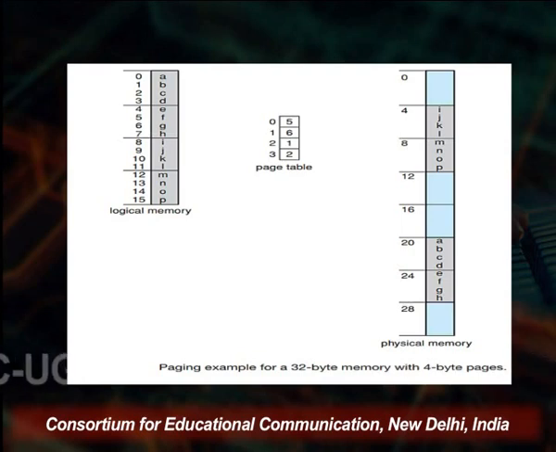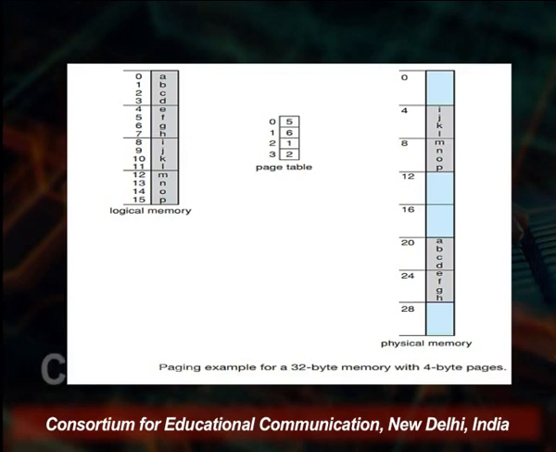So, 0, 1, 2, 3 have been shown blank, and from 4, whatever the contents of page chunk 0 are, those are stored starting from 4, 5, 6, 7, because every page is 4 bytes, or every frame is a 4 byte frame, and the total memory is of 32 bytes here.